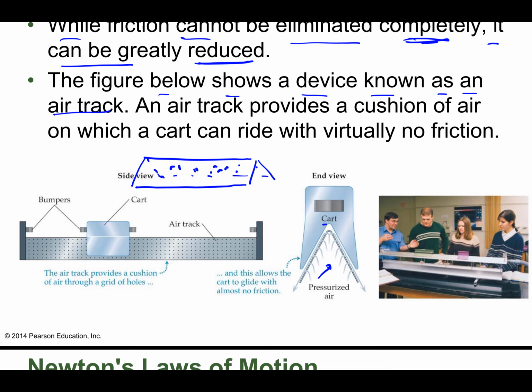With this way, you eliminate the friction between the cart and the track. An air track provides a cushion of air on which a cart can ride with virtually no friction. So you can move the cart with less friction, but you have to push air inside here.